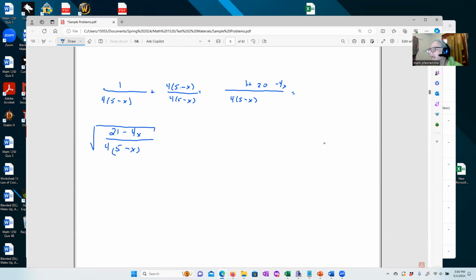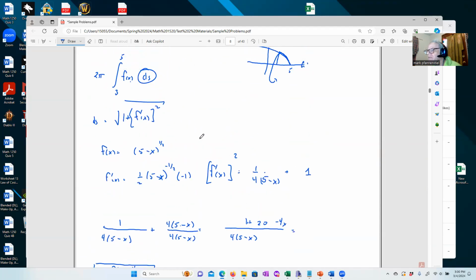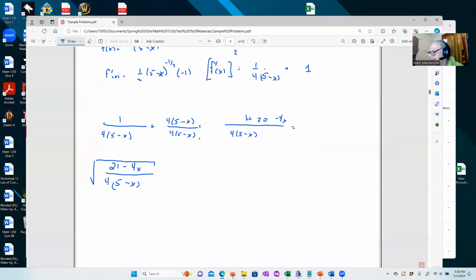But don't forget that with the way we set this up, there was a 2 pi f of x at the beginning. So we have a 2 pi integral f of x, which is the square root of 5 minus x. Now I'm going to go ahead and apply the square root here. We have square root of 21 minus 4x divided by 4. Let's see if we can get this to come out better.